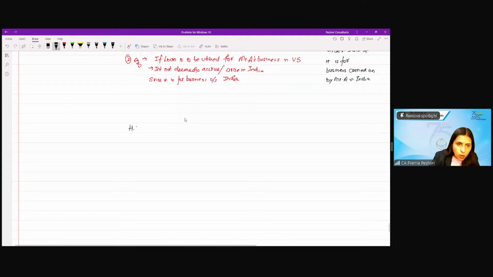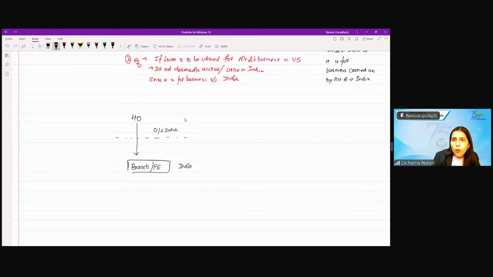Let's say there is the head office. This has a branch, which is also called a permanent establishment in the international tax context. This is in India. This is outside India.